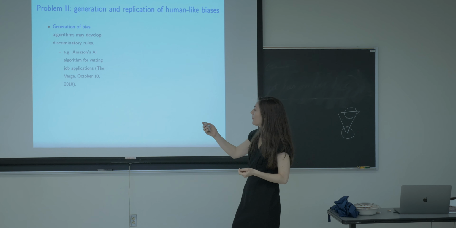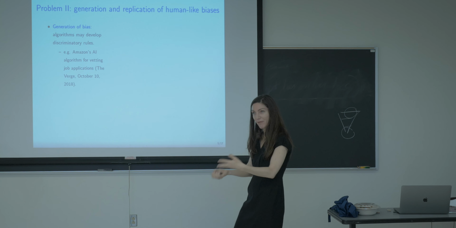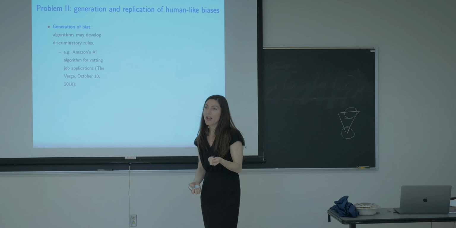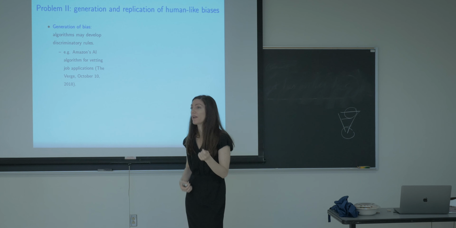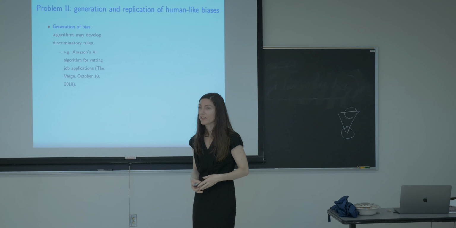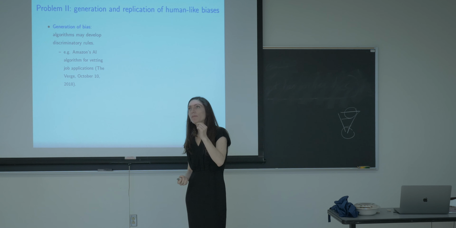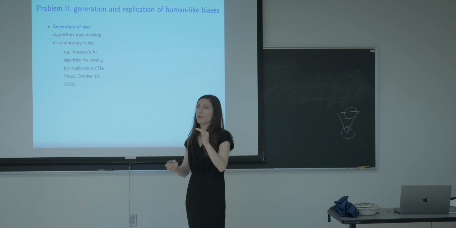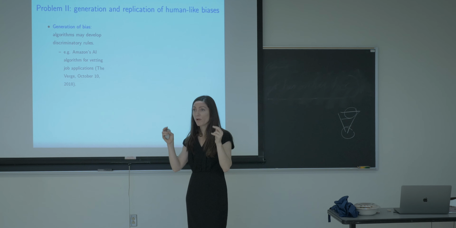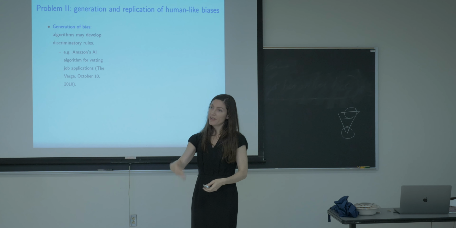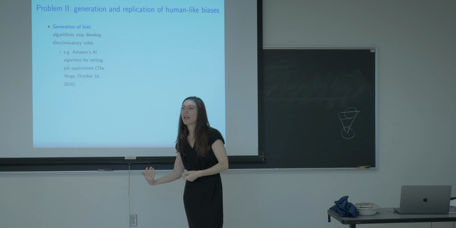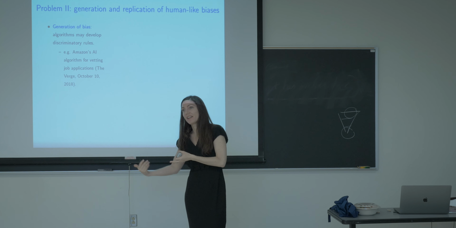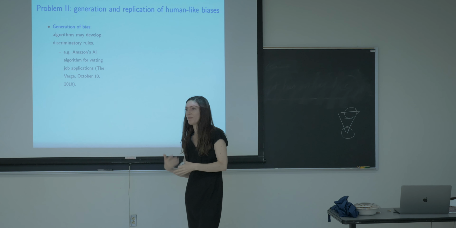One example of this happening in real life is an Amazon artificial intelligence algorithm that was used for some time to make hiring decisions, where people whose CVs contain the word women or who attended all women colleges ended up being less likely to be hired. And so women ended up being at a disadvantage from the point of view of decisions made by this algorithm.